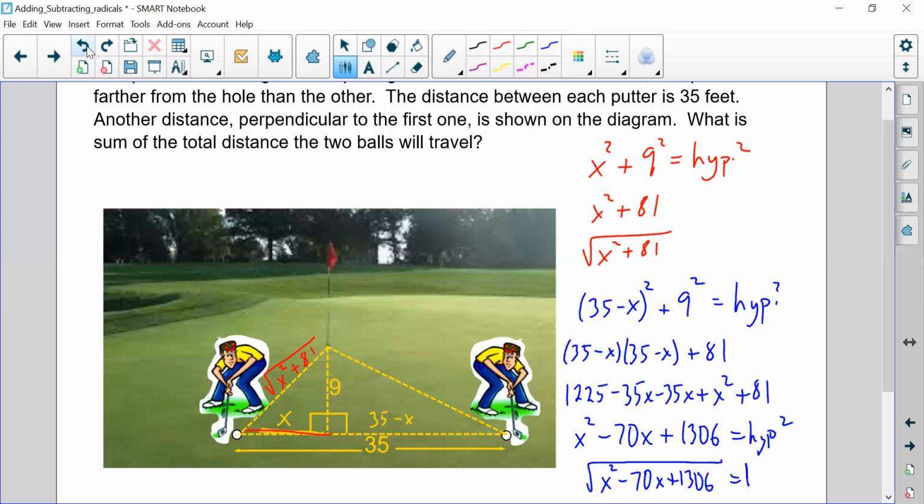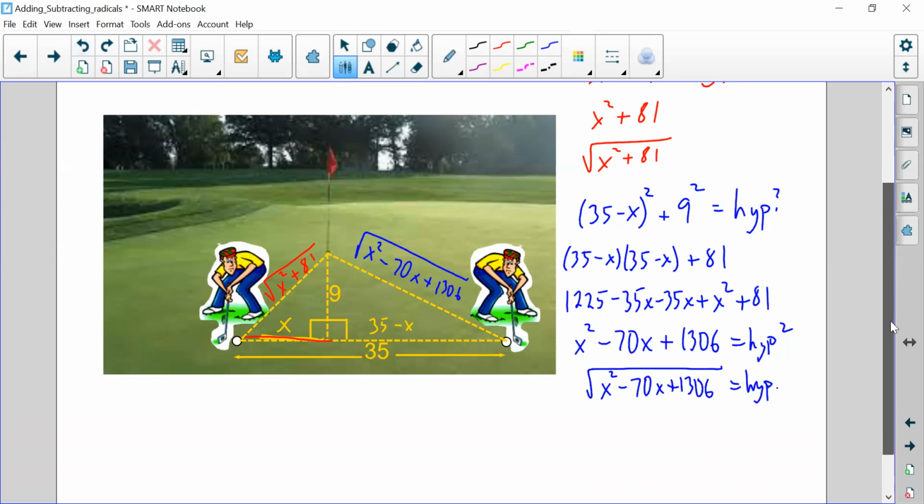In fact, this is most likely prime. You can't factor that. I can't think of two numbers that multiply to 1,306 and add up to negative 70. You don't even need to do that. So just leave it as this, x squared minus 70x plus 1,306. That's the distance that the longer path will have to take.